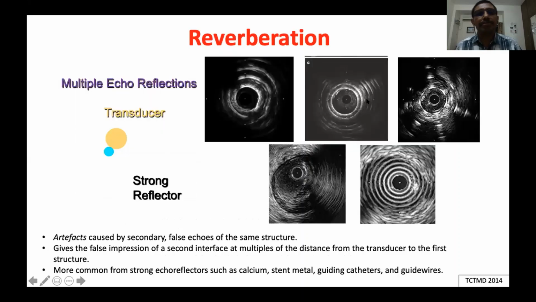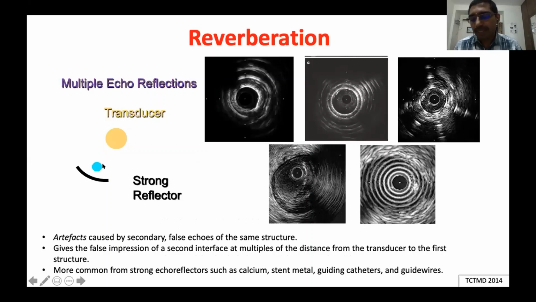abnormalities. And reverberation is nothing but repeated reflections between the catheter and a highly reflective surface. Suppose you take a metal stent strut or calcium. The impulses get repeatedly reflected between this surface and the transducer. So the system counts each reflection as multiple times the distance traveled.